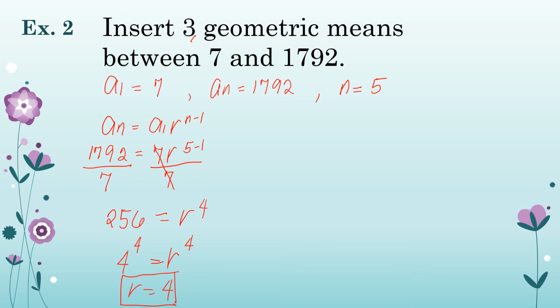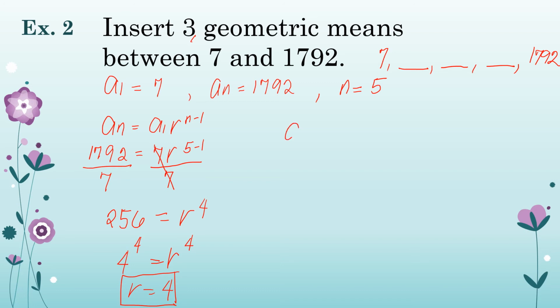So since you already have the value of r, we can now find the three geometric means. So again, let us illustrate here. You have 7, you have blank, blank, blank, and 1,792. So therefore, the missing are a sub 2, a sub 3, and a sub 4.